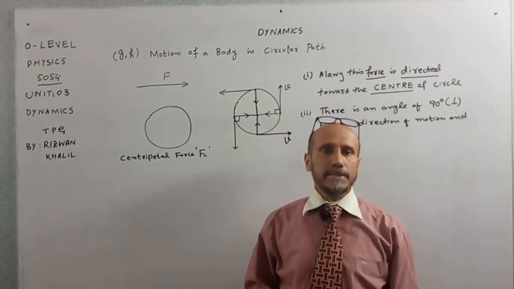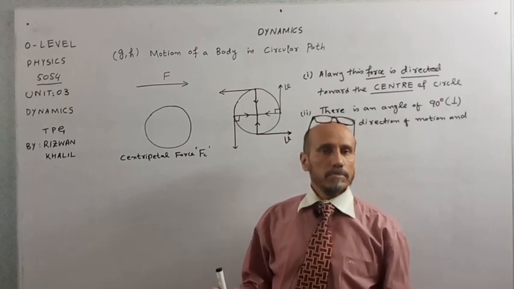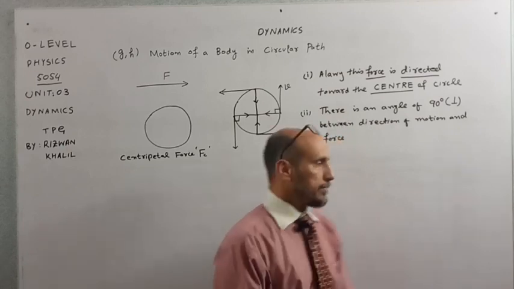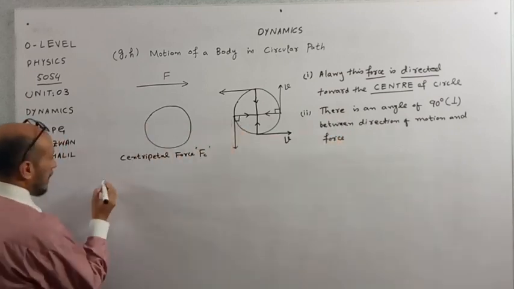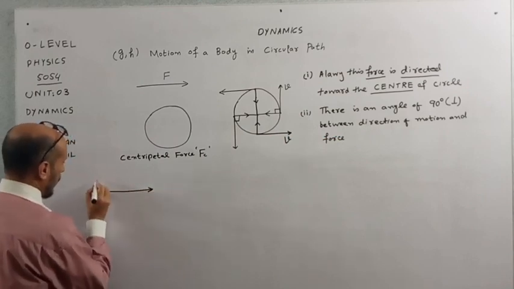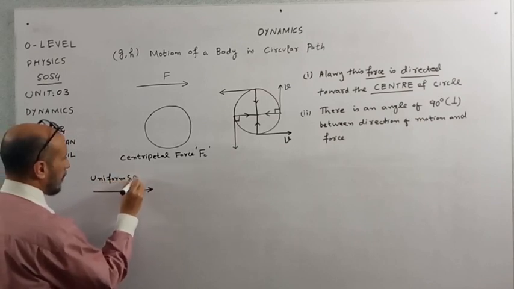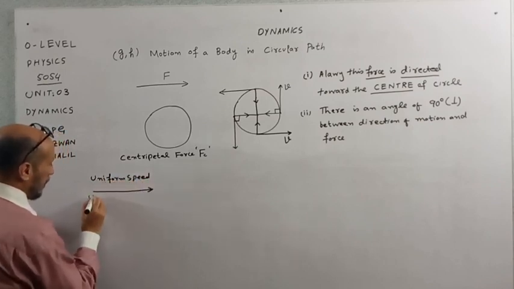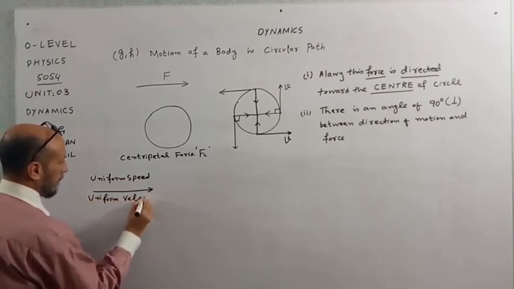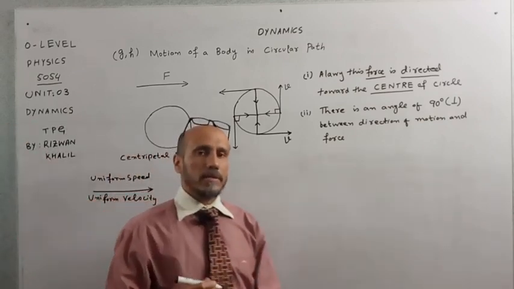Okay, now we will consider another interesting example of uniform speed from the topic of kinematics as well as from the topic of circular motion. In our daily life, if a body is moving on a straight road with uniform speed or uniform velocity, what will be the acceleration?